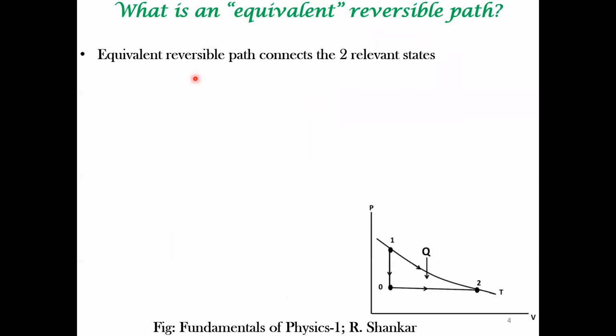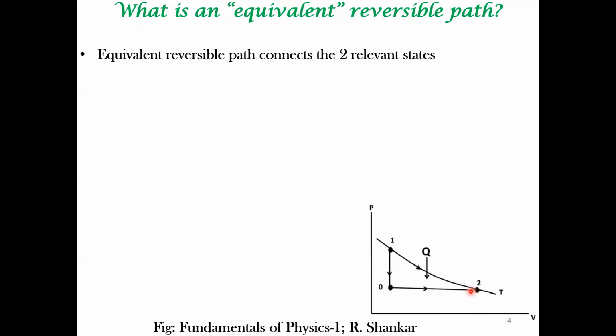So let's address this question: how do you identify an equivalent reversible path? In state 1, we were at high pressure, let's say half the volume of state 2. This is not drawn to scale, but assume that the volume of state 2 is twice that of state 1. So we went from this state point to this state point. There are many reversible paths.